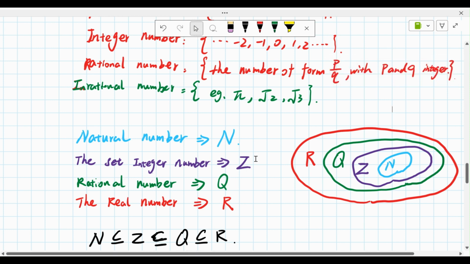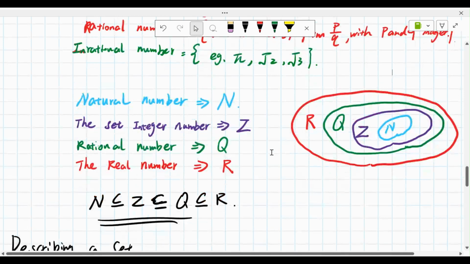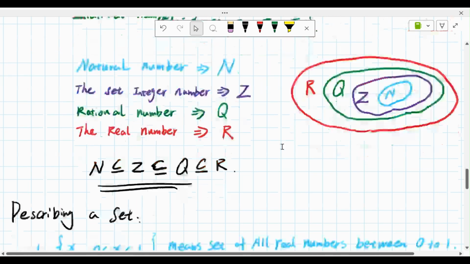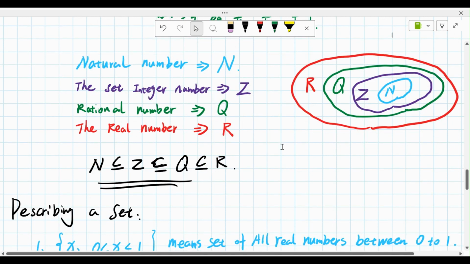And then the real number is R, so you can say any numbers in real life, irrational and rational numbers. So there's a circle in between.